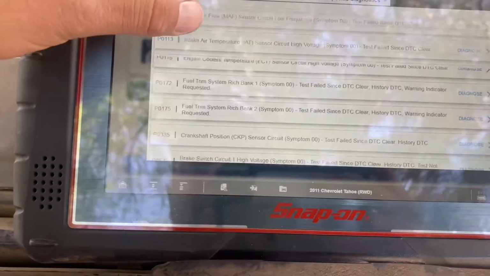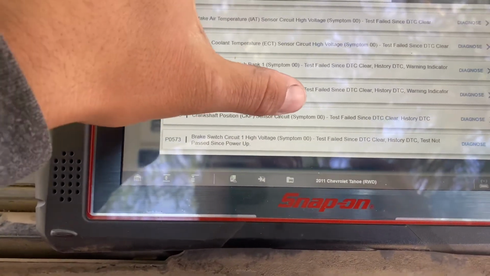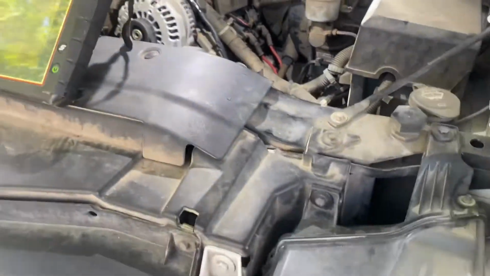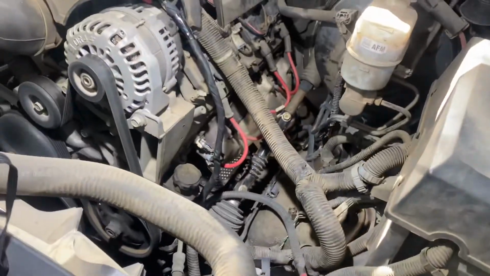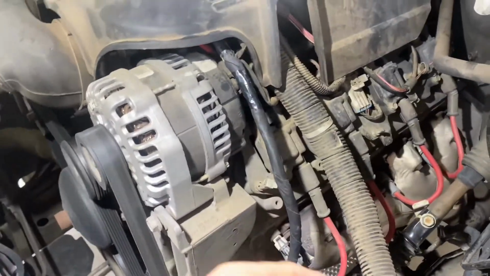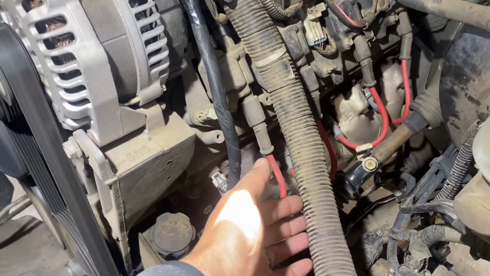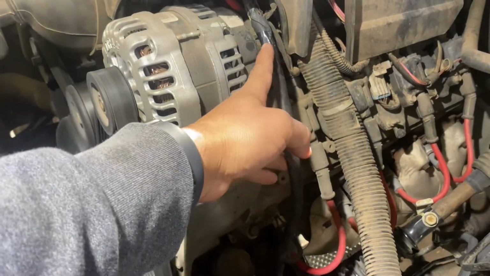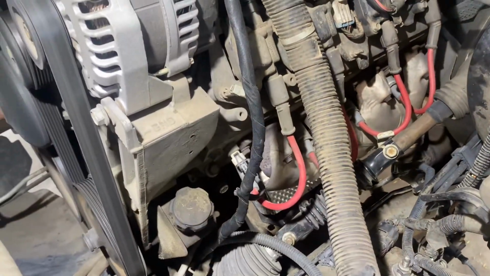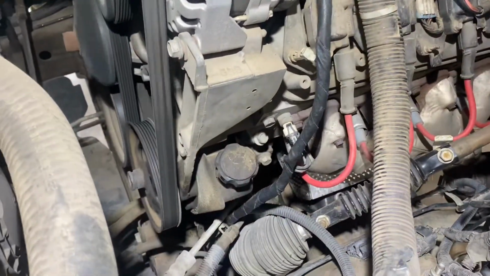For the crankshaft position sensor circuit, a lot of issues with GM is that I run across a lot of vehicles that don't have the insulation anymore. A lot of them, it just comes off. But this truck has never been touched, from what I can tell.